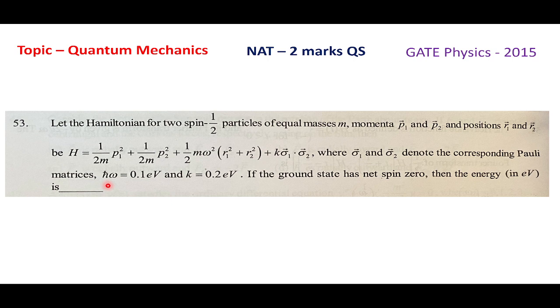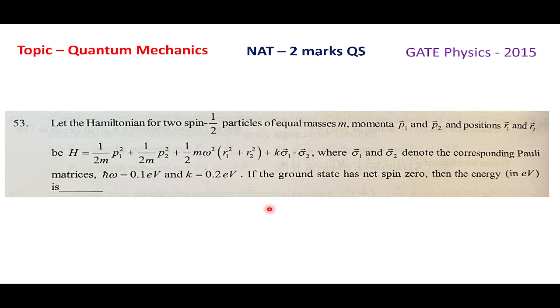Here h cut omega is related to the harmonic oscillator potential. There are two terms: one is the spin term, and the other part of the Hamiltonian is related to the three-dimensional quantum harmonic oscillator. The energy scale h cut omega is 0.1 electron volt, and the constant k in the spin part is 0.2 electron volt. If the ground state has net spin 0, then the energy in electron volt is... so basically you have to find the ground state energy of this system.